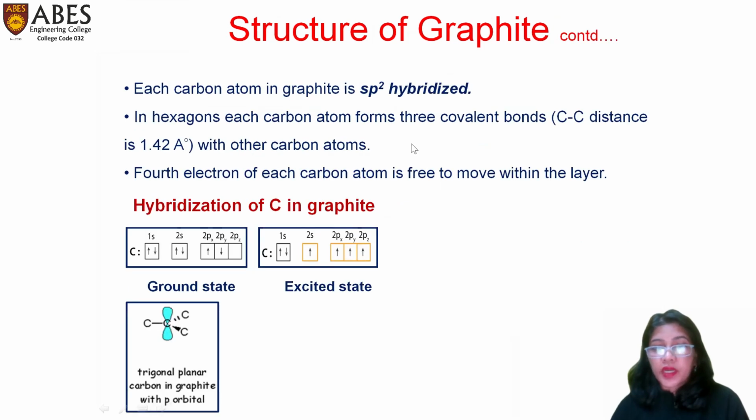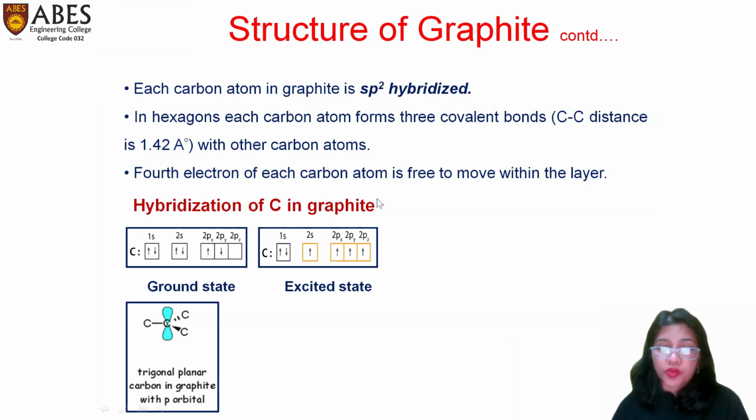Further, the carbon atoms which form the hexagons are sp2 hybridized. This can be viewed from the diagram over here. When the carbon atom is in its ground state, it has a configuration of 1s2, 2s2, and 2p2.